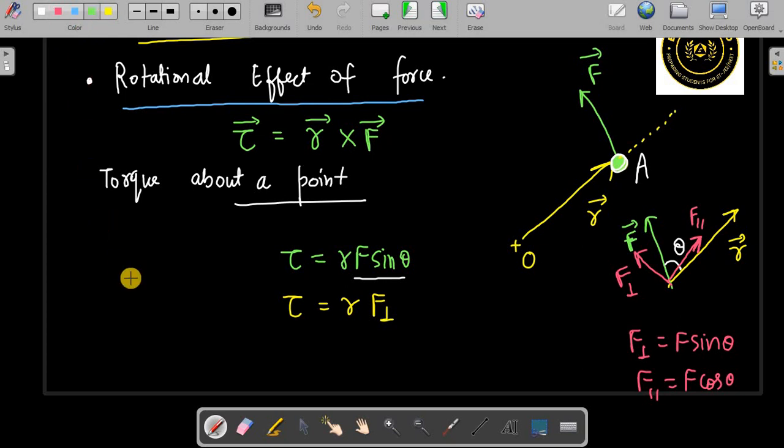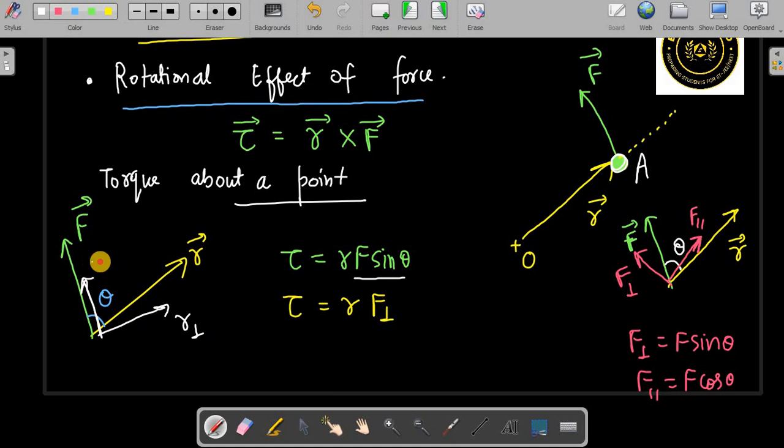But there is another way to understand this. If you consider this as the R vector and this is the force vector, and the angle theta is the same, I can resolve R along force and R perpendicular to force. R parallel is R cos theta, and R perpendicular is R sin theta.